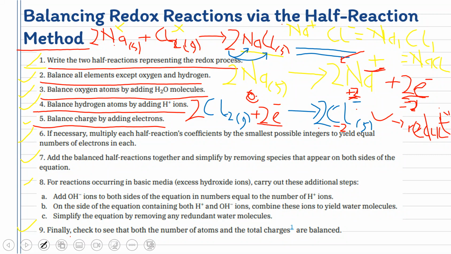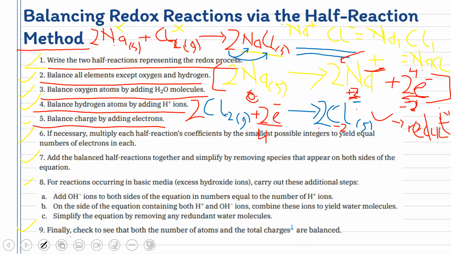If they were not equal, I would have multiplied all the coefficients to make them equal. So let's say this was 4. If this was 4, I would have multiplied everything here by 2, just so that this will also become 4.